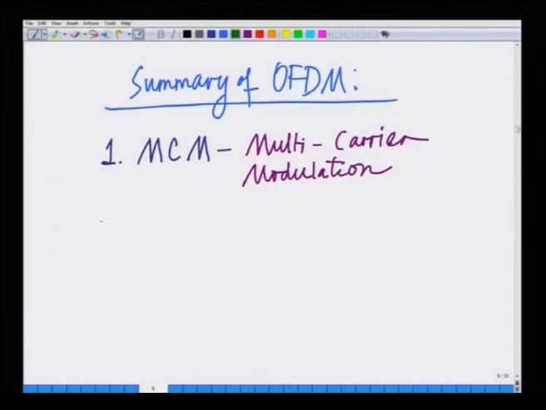Second, we saw OFDM itself. This results from the sampling of the MCM signal.